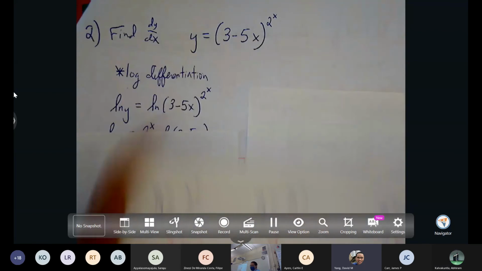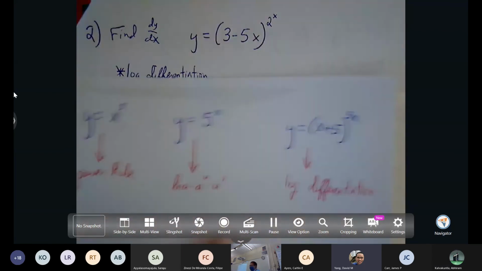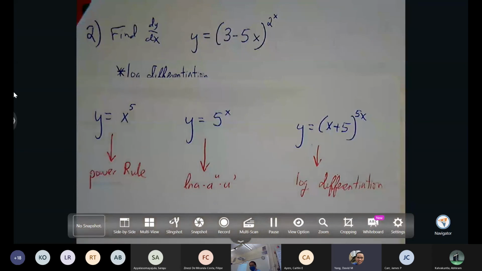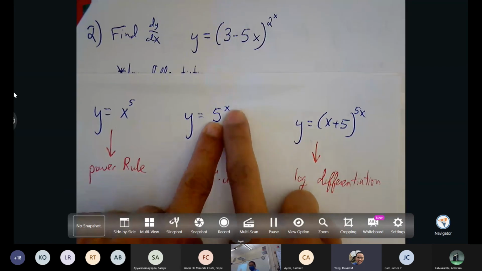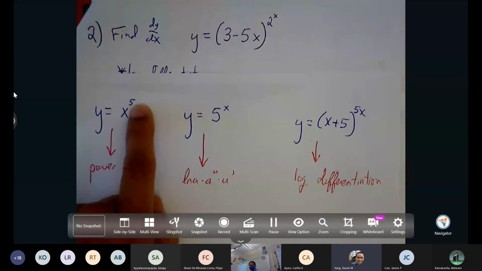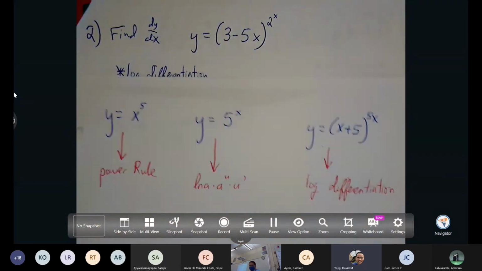This one is 5x, but this one is 2 to the x. Either way, we can think of both of these as variable representations. There are variables involved in their respective regions. But here, this is purely constant. If there's any variable involved, we call that a variable expression. But this is purely a constant.